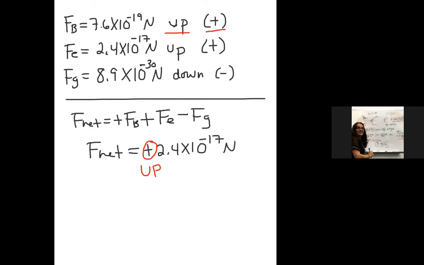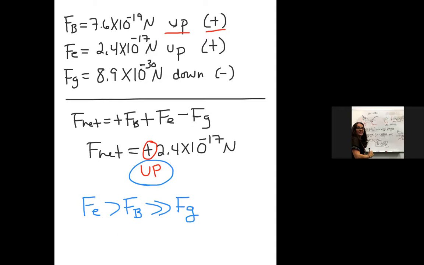And if you look at the numbers, I think it's important to see the numbers on this. The electric force is the largest, followed by the magnetic force, and that gravitational force is way, way smaller. And that's why it can have a net upward force. We always think gravity pushes down.